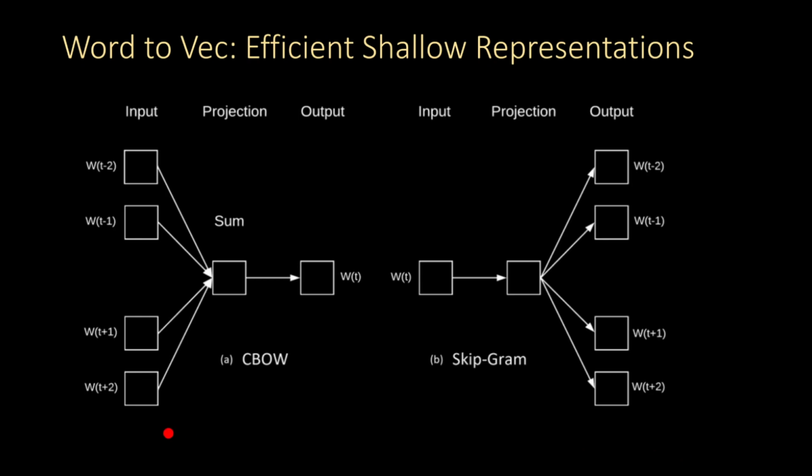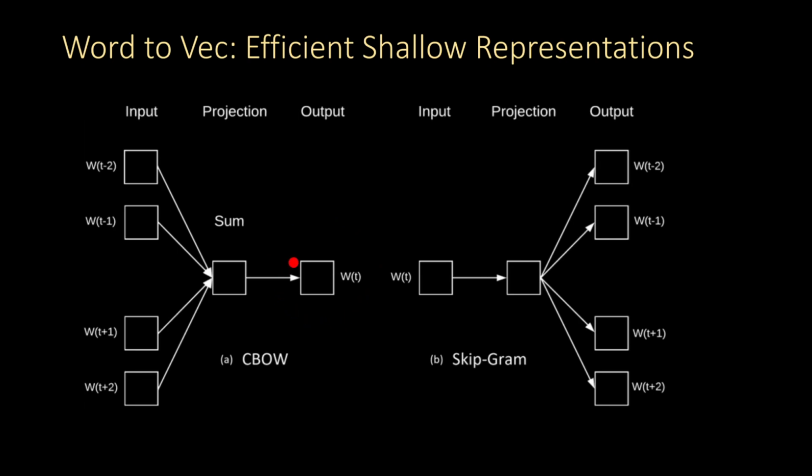Now, one question is that you're only generating positives. You only have positive instances as labels. If you're generating WT, you only know the right word to generate in this context.